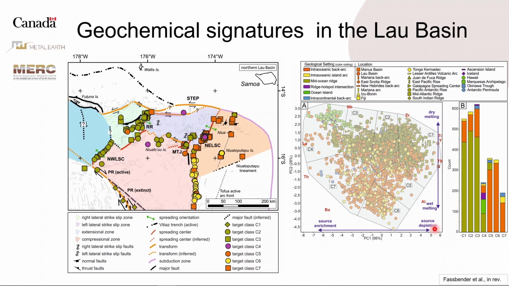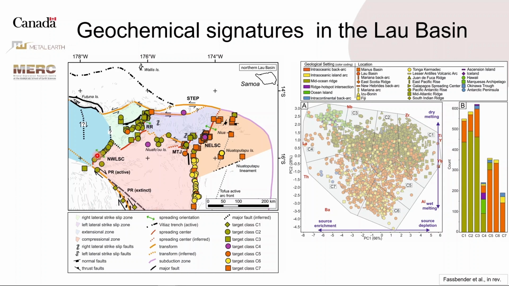You've also seen that plot before. And so what we did here is applying our clustering in the Lau Basin. And what we see is that samples from Peggy Ridge, for example, and the CLSC are actually associated with depleted MORB geochemical signature, which is perfectly fine.